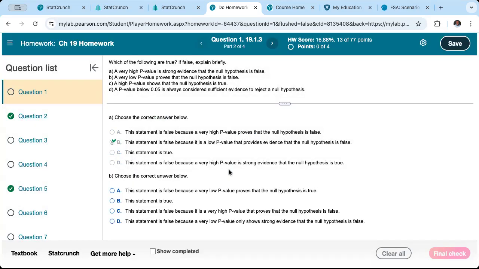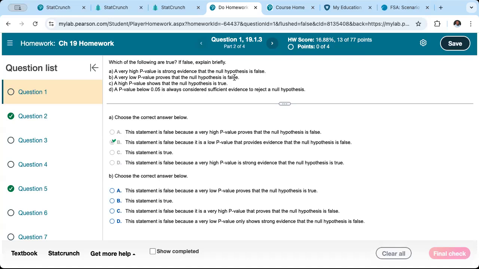Let's get to B. B says that a very low p-value proves that the null hypothesis is false. Now, we are not proving the null hypothesis here.